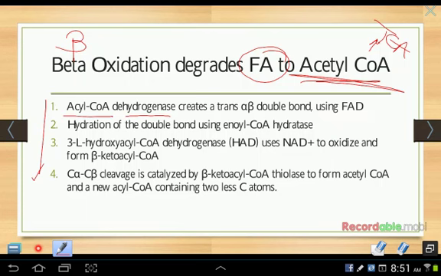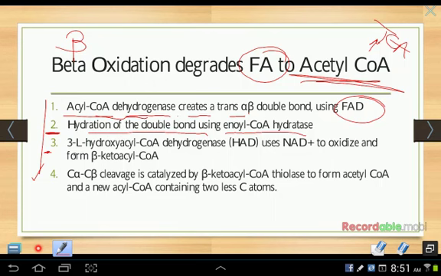In step 1, we use a dehydrogenase to create a trans alpha-beta double bond using FAD. So we are going to reduce FAD in order to create this trans double bond in the acyl-CoA that we just transported into the mitochondria. In step 2, we hydrate the double bond using enoyl-CoA hydratase.